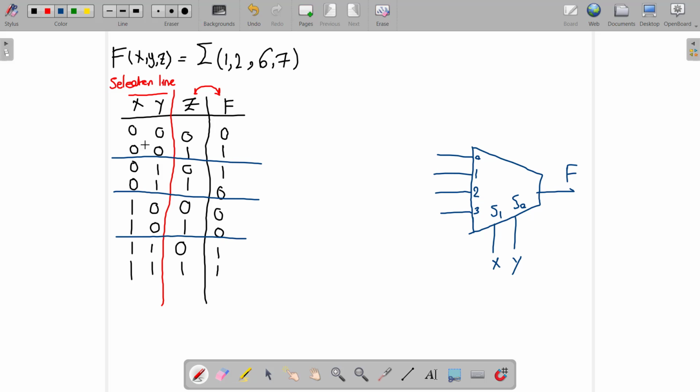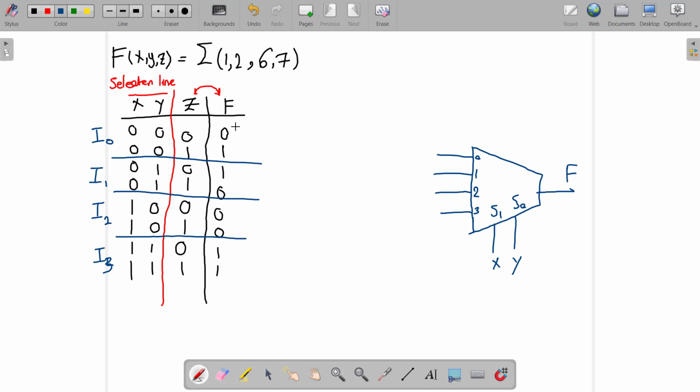Now you can see that XY here is 0, 0, here is 0, 1, here is 1, 0, here is 1, 1. Here is my first input, because we have 0, 0. Here is my second input, because we have 0, 1. Here is the third one, and here is the last one, I0 up to I3.